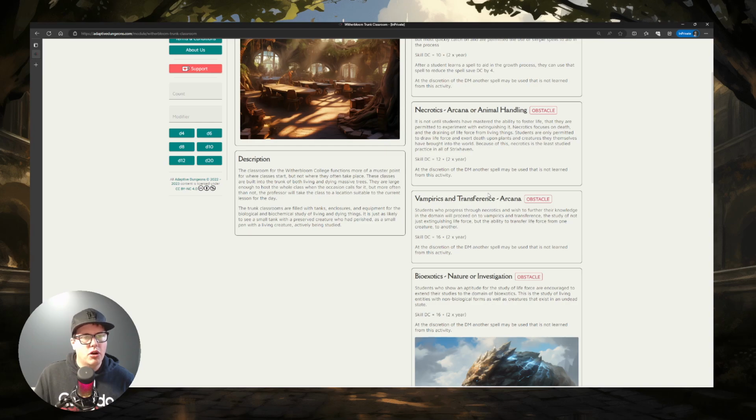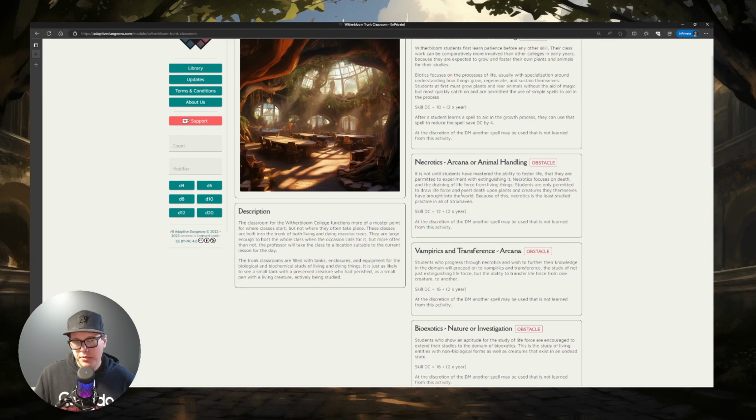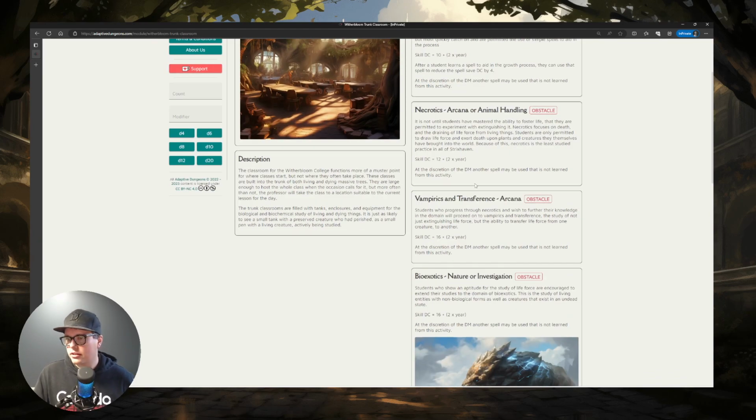Then the idea with vampirics and transference, now that you've mastered or know how the decaying or destruction of life force works, is harnessing it, absorbing it, taking advantage of it, transferring it, hence transference and vampirics, so that you may be able to do things like sustain or increase the life of something unnaturally or magically.